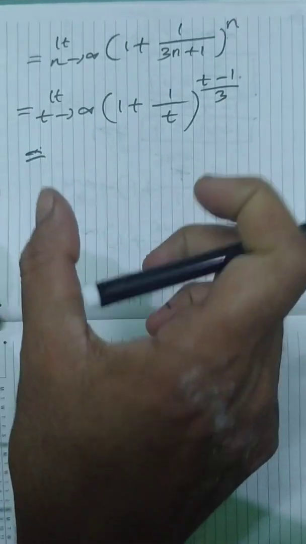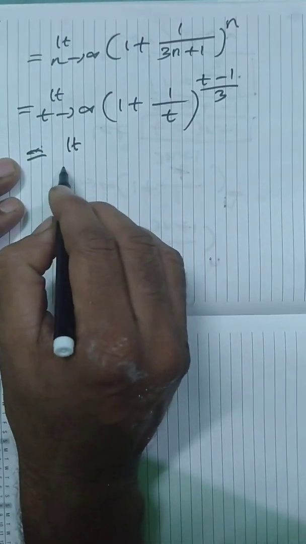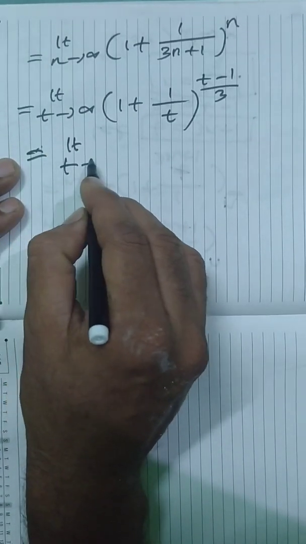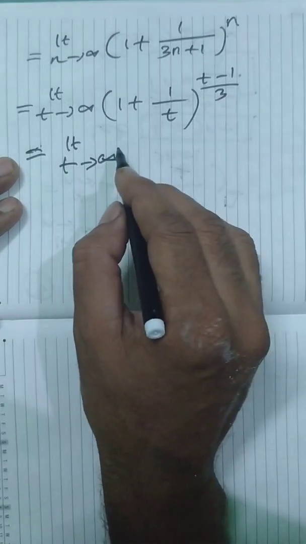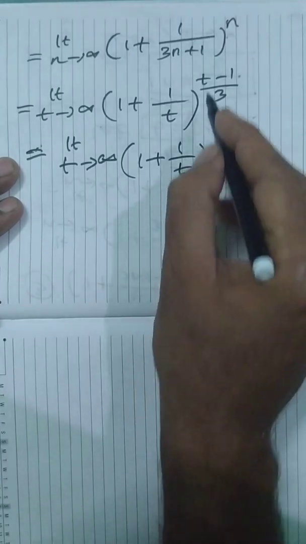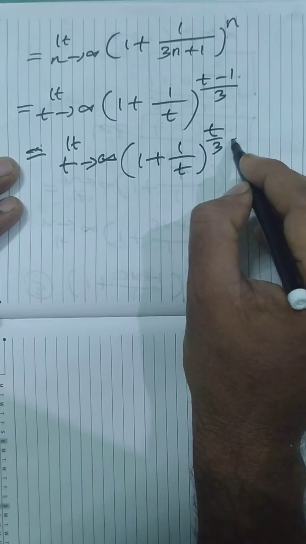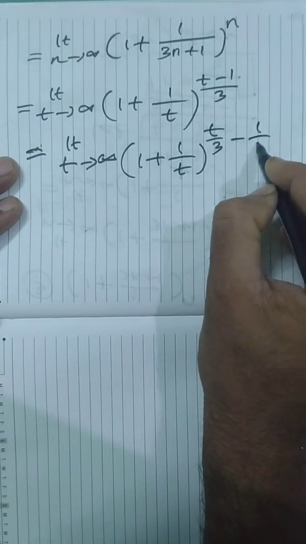Now we bring the pattern so that we can apply that result. For that, limit t tends to infinity, 1 plus 1 by t, this can be written as t by 3 minus 1 by 3.